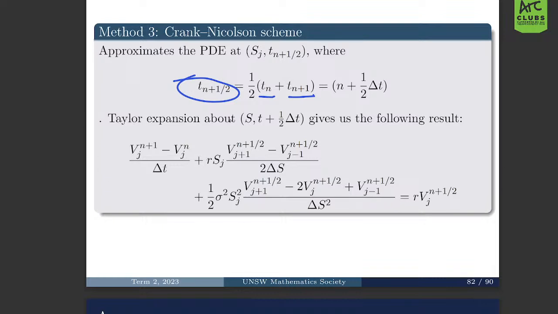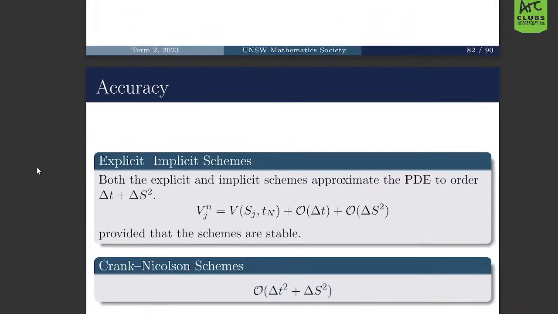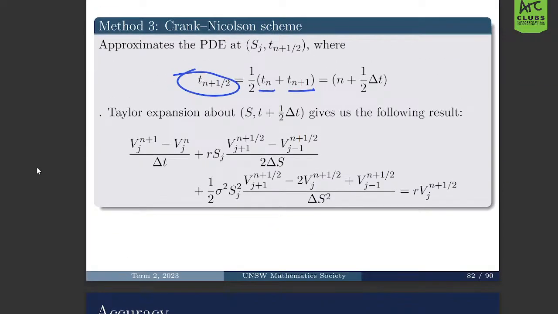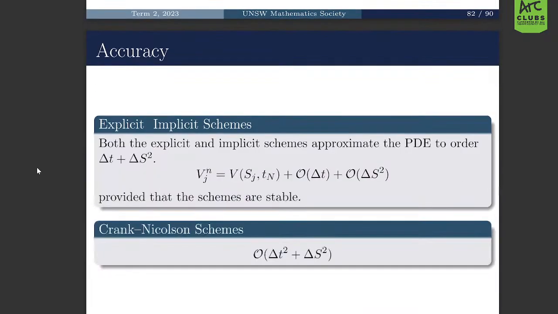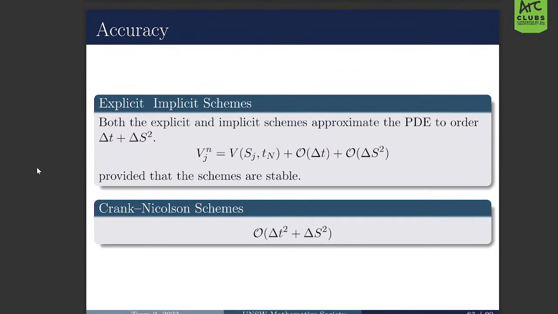So yeah, that's, in short, very brief, what the Crank-Nicolson scheme is doing. And why do we need such a complicated scheme when we have explicit and implicit already available to us? The answer in short is about the accuracy.